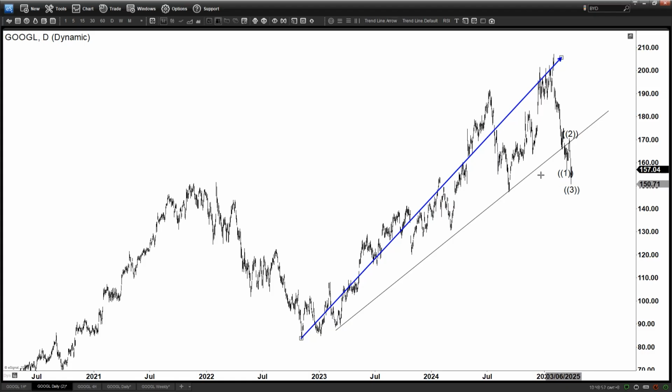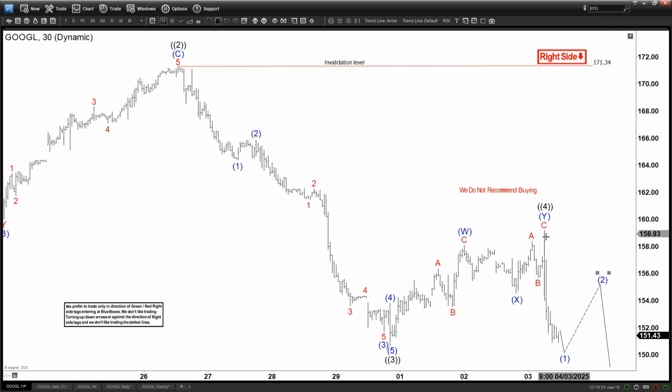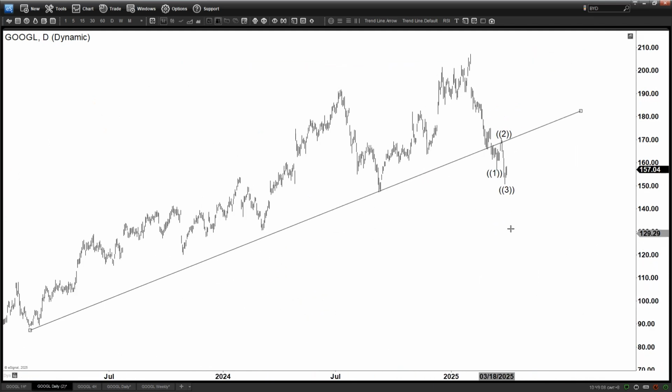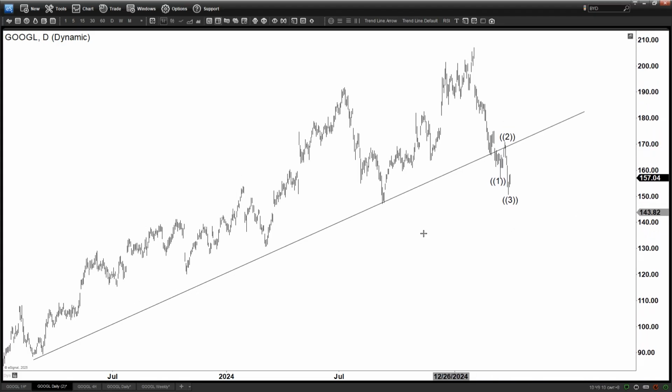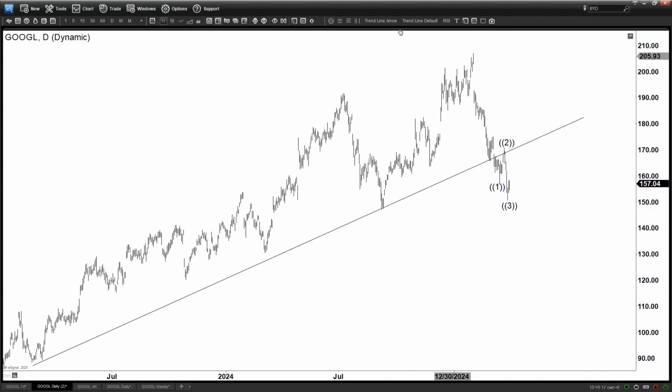If you look at the size or the nature of the correction, again, let me make it a bit bigger. You can see right here that it looks to me that this is indeed what we call the connector, because it is the biggest bounce out of the initial decline.